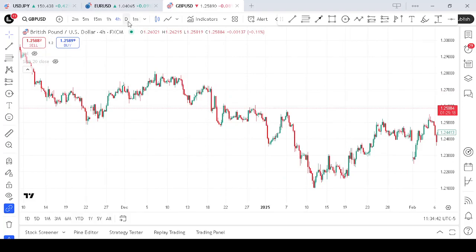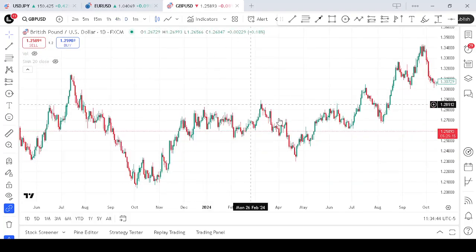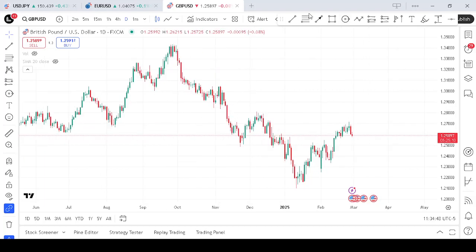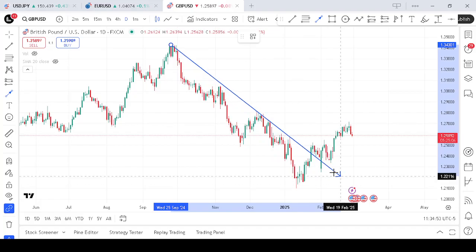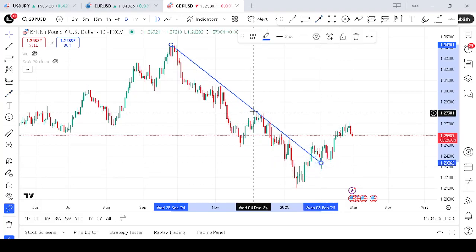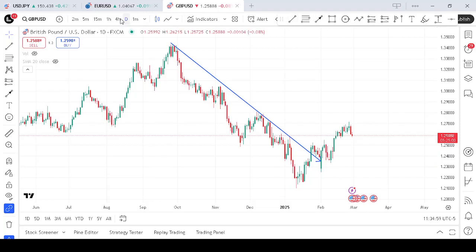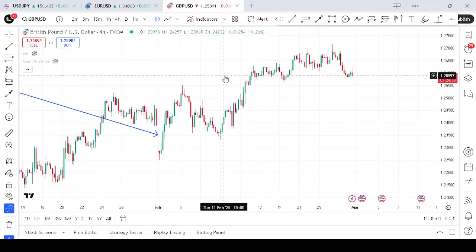From the daily time frame, we can see that at this area in the market, price is trending to the downside, showing us, yes, there is selling pressure in the market. So we switch back to our 4-hour time frame.